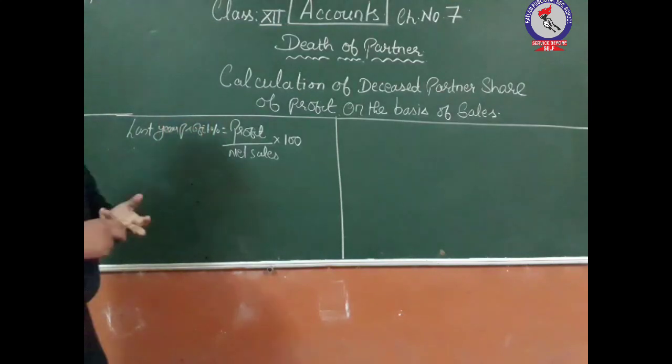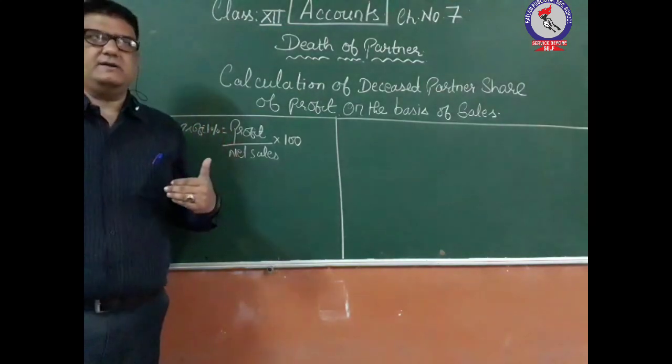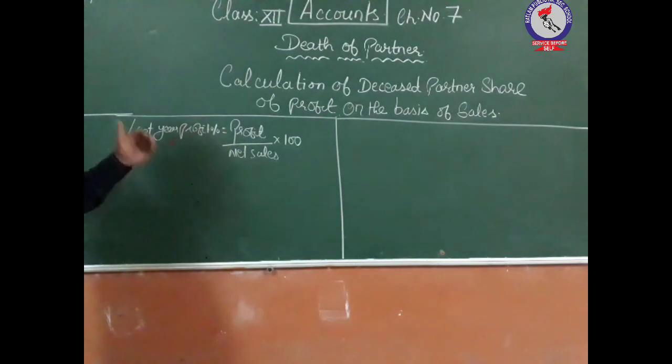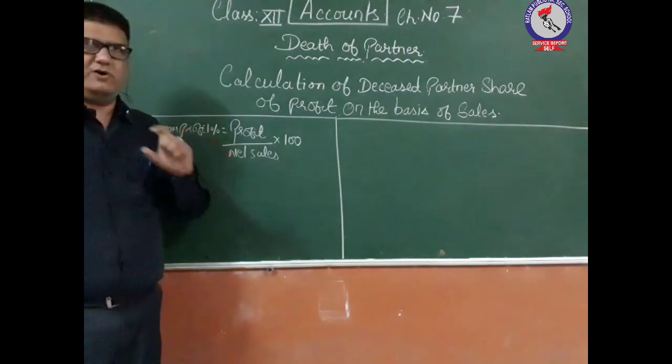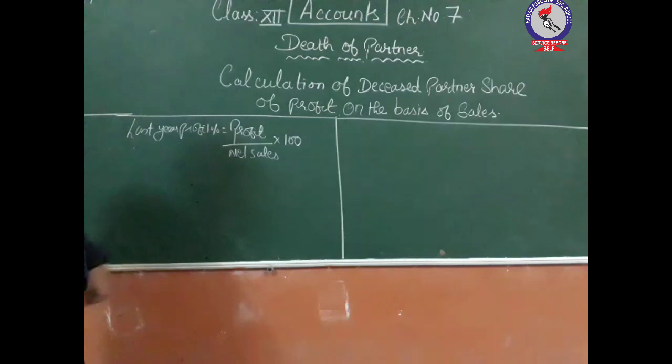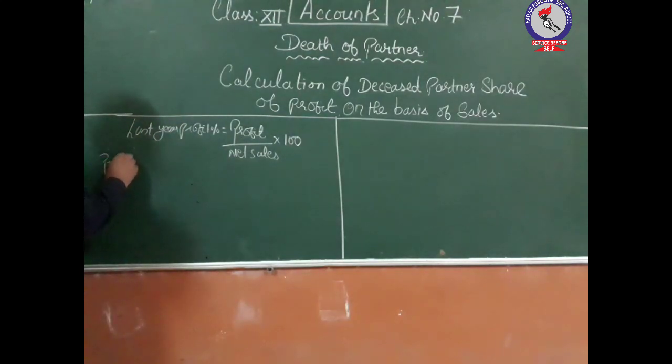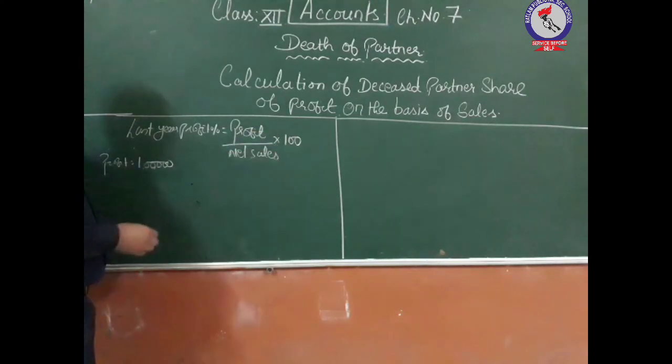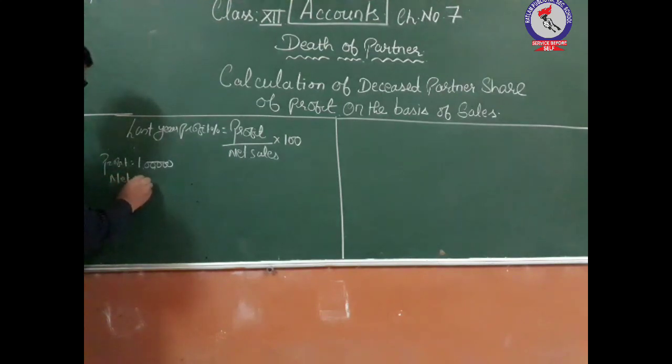Let's say the total profit earned during the previous accounting year was 1 lakh rupees, and the total sale was 5 lakh. The net sale of the previous year was 5 lakh.